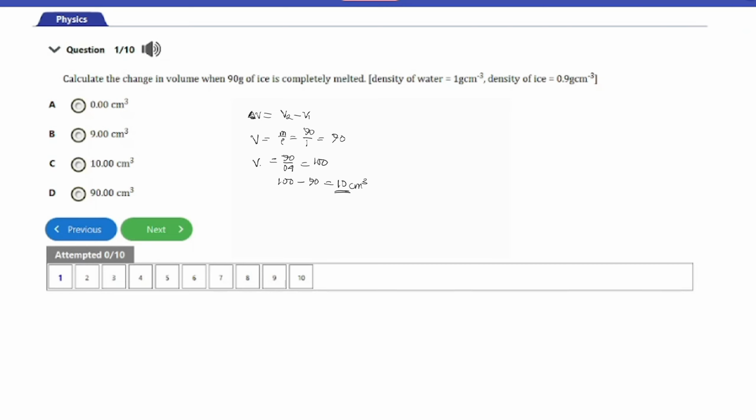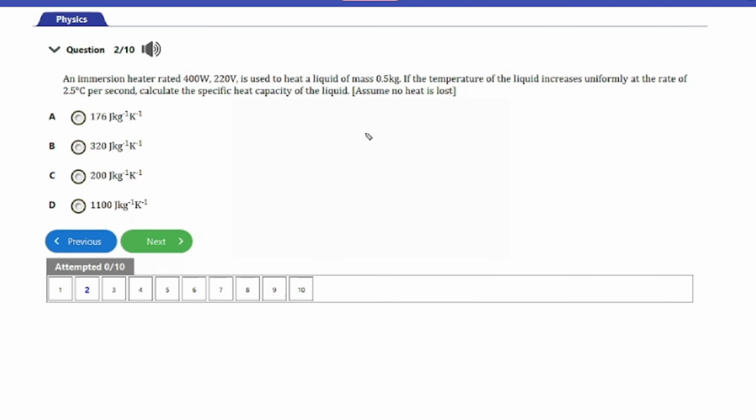Let's go ahead and consider the next question. That's question number 2. It says an immersion heater rated 400 watts, 220 volts is used to heat a liquid of mass 0.5 kg. If the temperature of the liquid increases uniformly at the rate of 2.5 degrees Celsius per second, calculate the specific heat capacity of the liquid. Assume no heat loss.